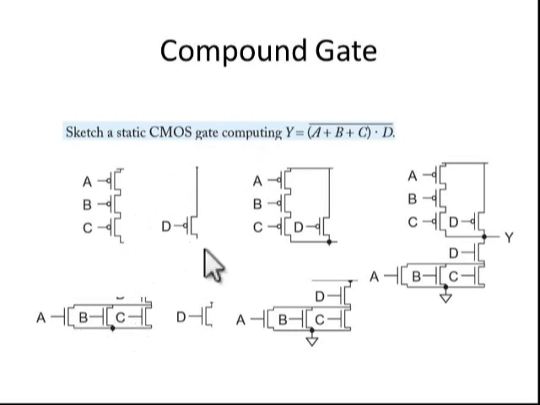Then D and these two groups are a dot operation. Dot operation means these two groups of PMOSs are connected in parallel. So that's why we connected like this. ABC and D, these two groups are parallel. The corresponding NMOSs are in series. Then finally we have to add these two things. We will get the final diagram. So this is the compound gate realization using CMOS.